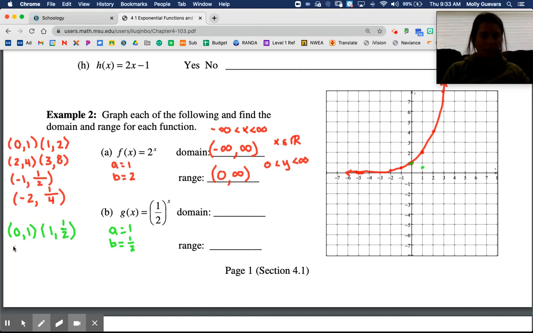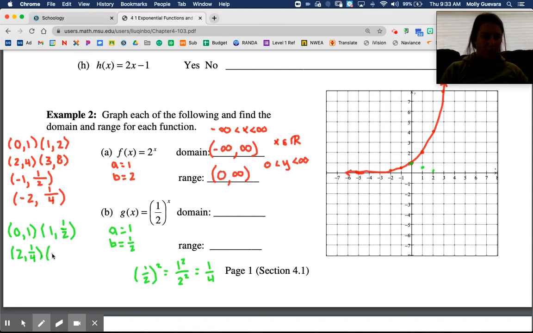Then 2 comma b squared. 1/2 squared is the same thing as 1 squared over 2 squared, which is 1 over 4. So 2 comma 1/4 is the point. And then I could keep going and get 1/8, but I'm not going to.